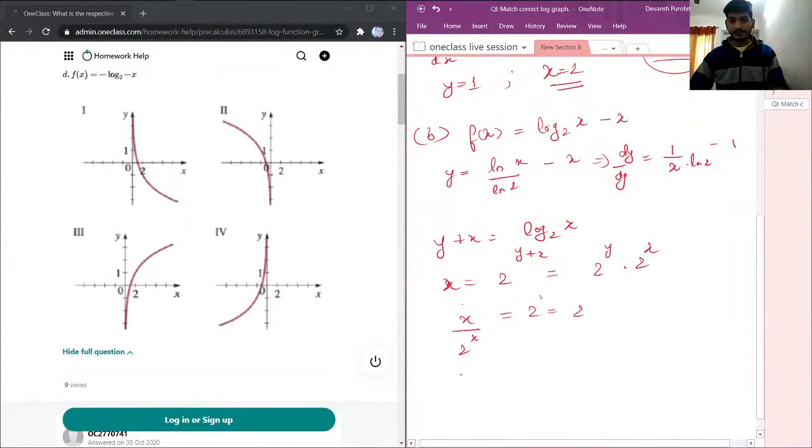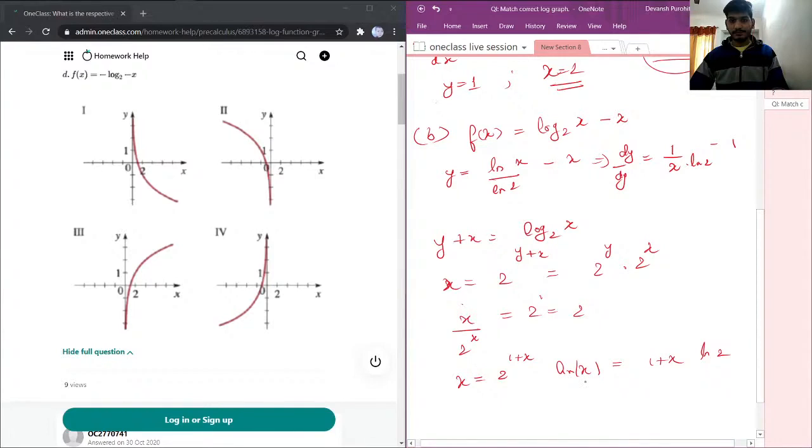Again, I think I have to take log. I hate to admit it, but I have to take x equal to 2 times 1 plus x. I will take natural log on both sides, and it will become ln of x equal to 1 plus x, 2.